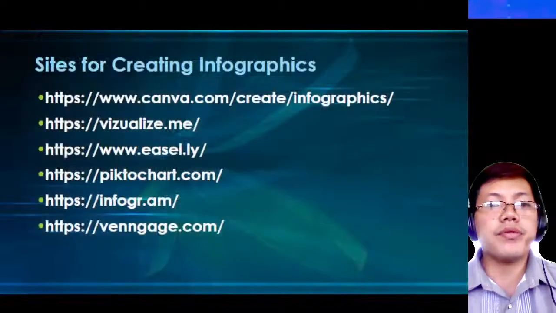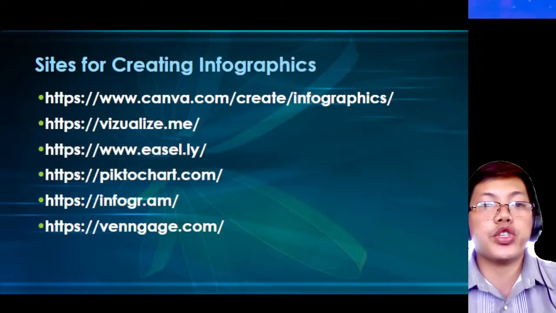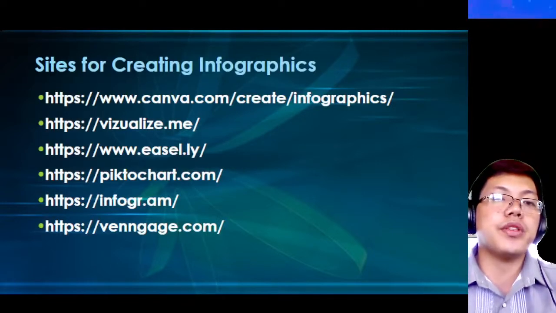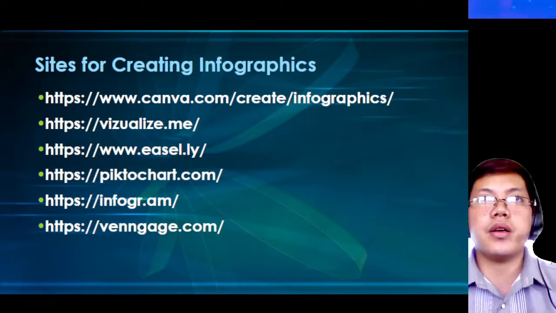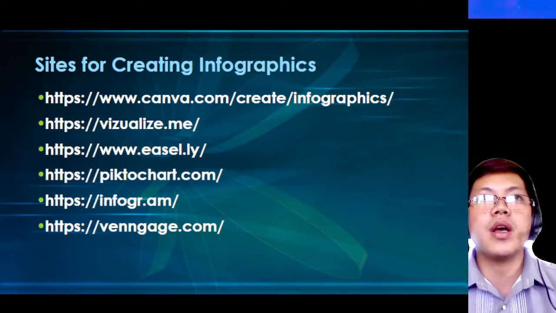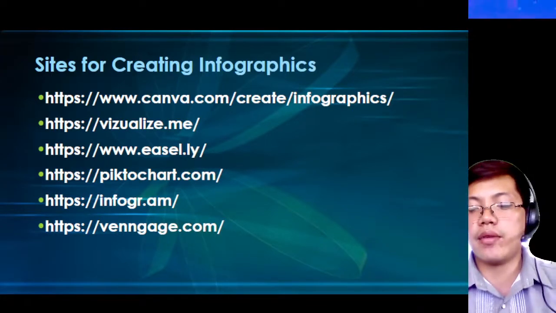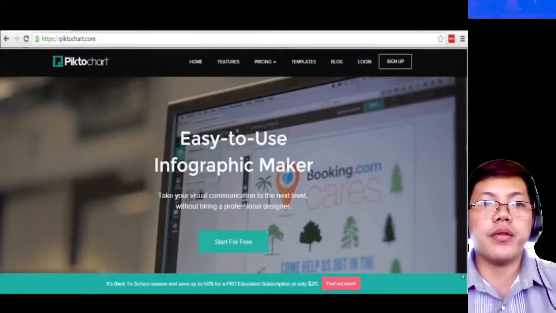But for the sake of creating infographics, then you can also have Piktochart. Canva also offers an option for you to create your infographics. So I might go back to that video and add some more details on how to create your infographics using canva.com.